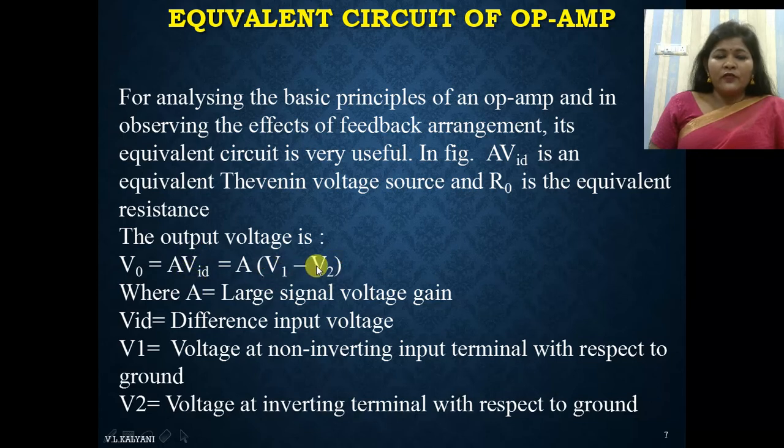Here A is the large signal voltage gain, VID is the difference input voltage, V1 is the voltage at the non-inverting input terminal with respect to ground, and V2 is the voltage at the inverting terminal with respect to ground.